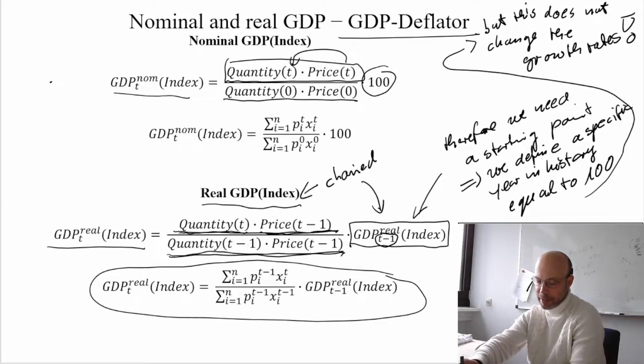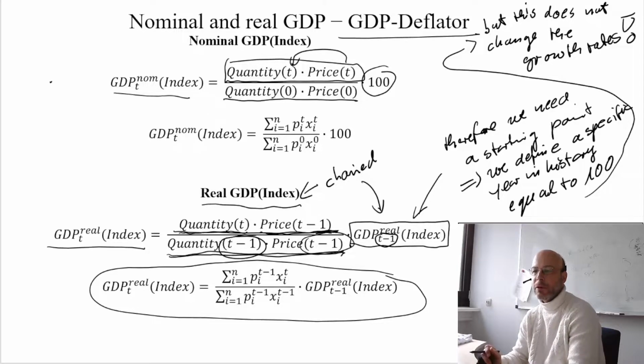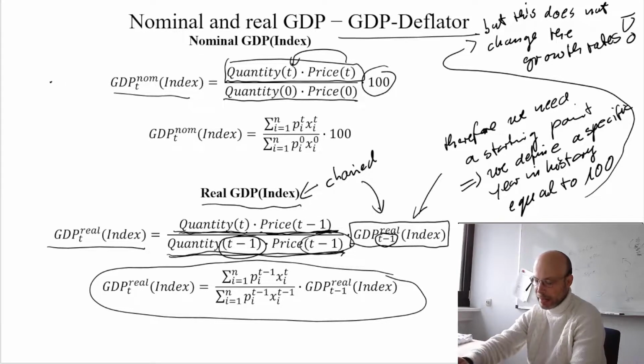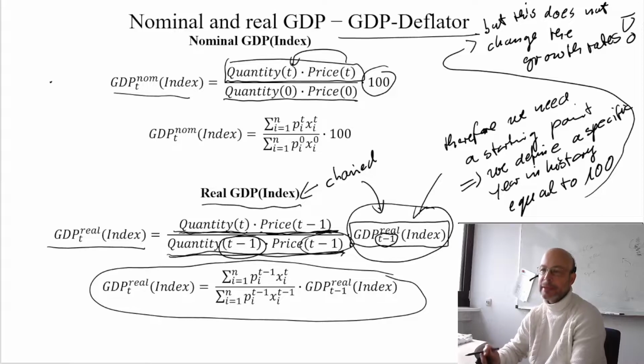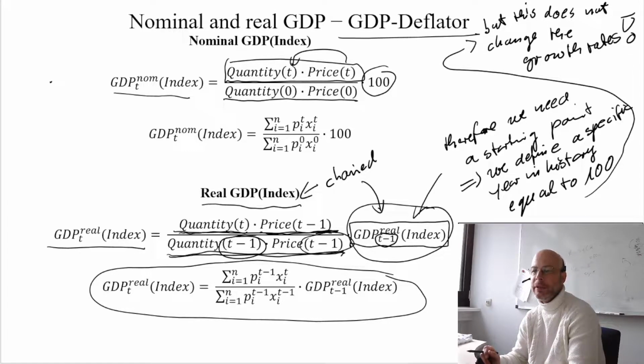I have to divide it by the nominal GDP value of the former period, and then chain with the index of real GDP of the former period.